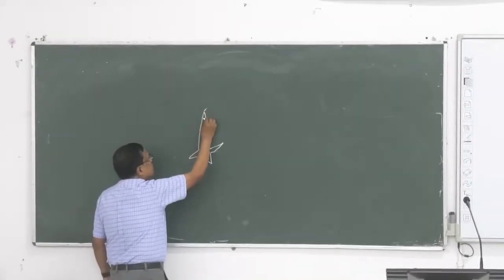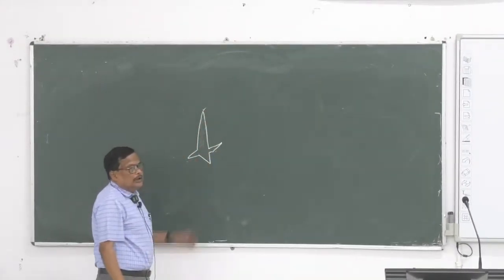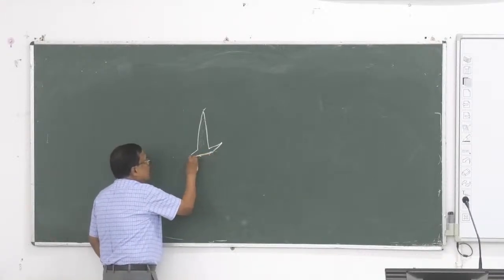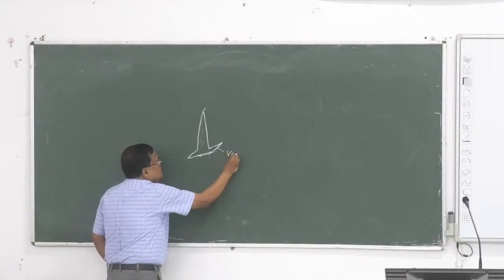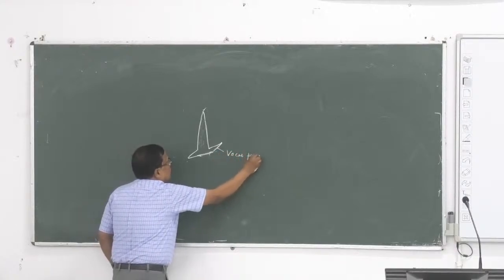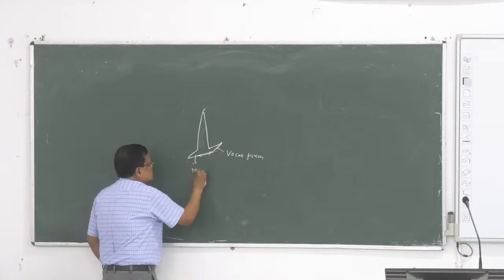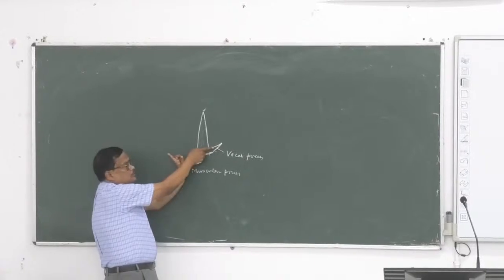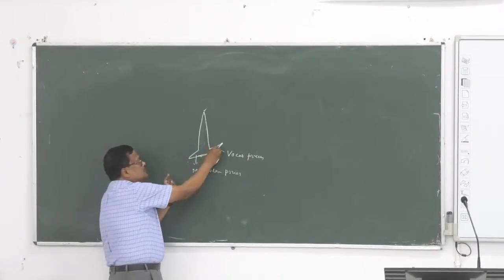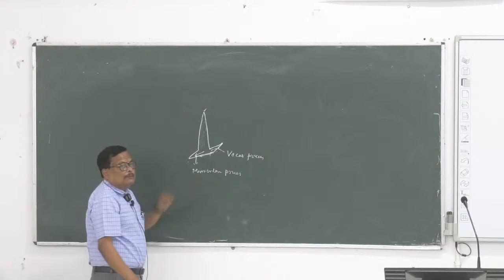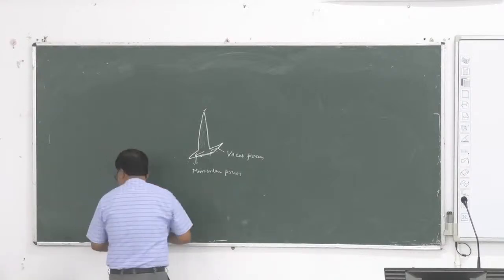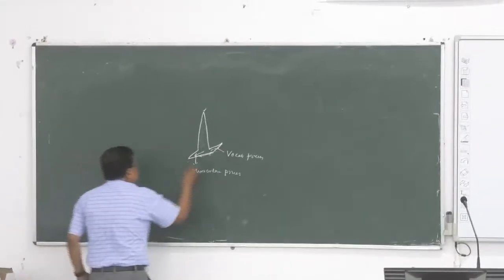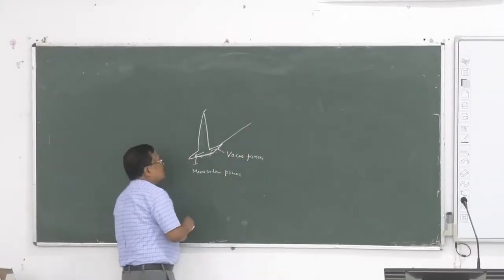The arytenoid cartilage has a tip, a body, and surfaces, anterolateral and posterolateral, and 2 processes: the vocal process and the muscular process. They are directly opposite. Look, vocal process, muscular process. Why is it called the vocal process? Because a ligament is attached here, one on either side.